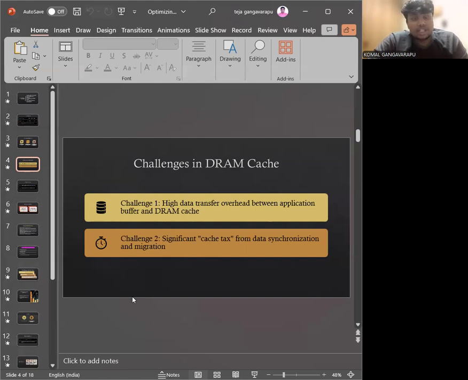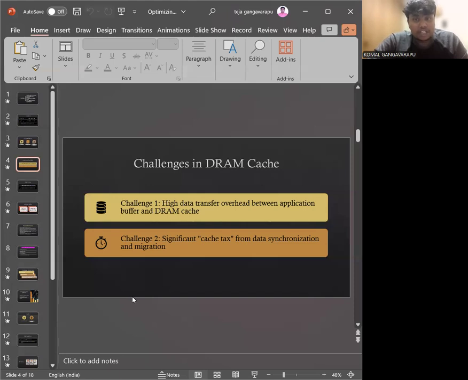Let's discuss the first challenge: high data transfer overhead between the application buffer and DRAM cache. The first challenge highlighted is a high data transfer overhead that occurs between the application buffer and the DRAM cache.